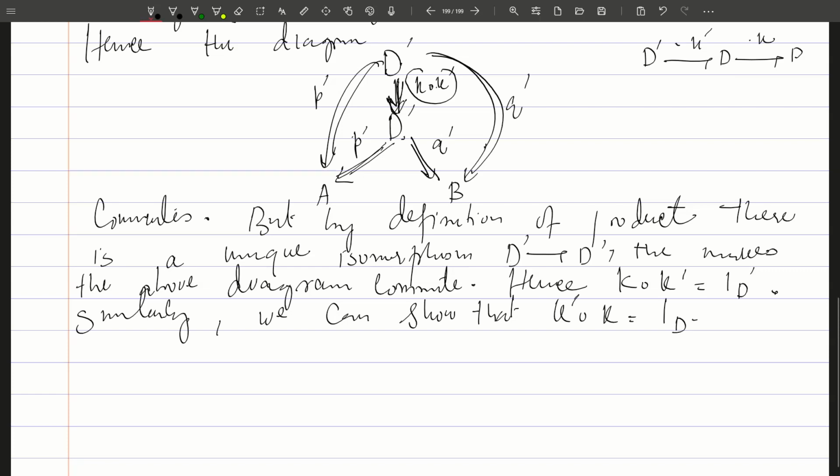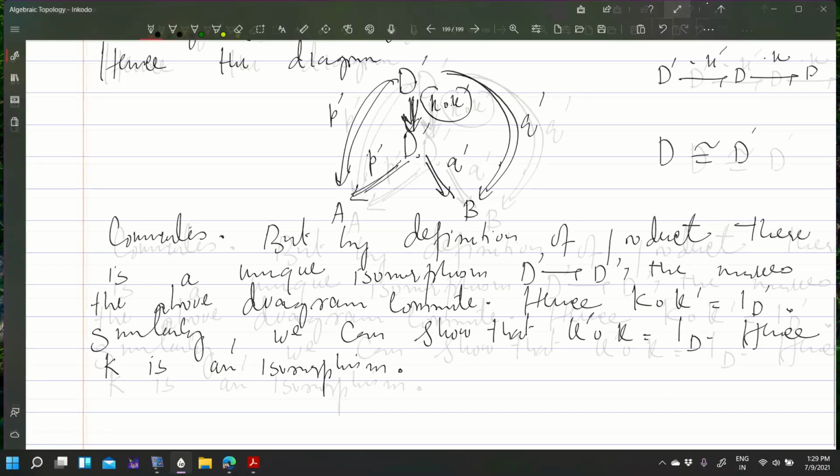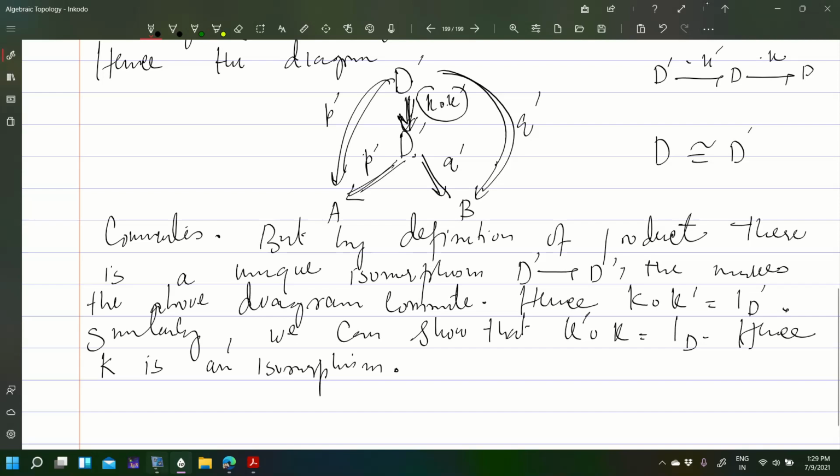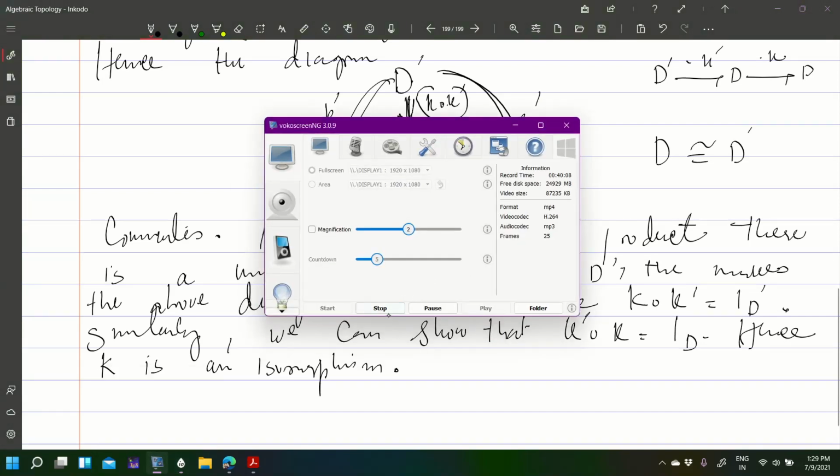So hence K is an isomorphism. That means D and D prime are isomorphic. This proves that the product of two objects is unique up to isomorphism.